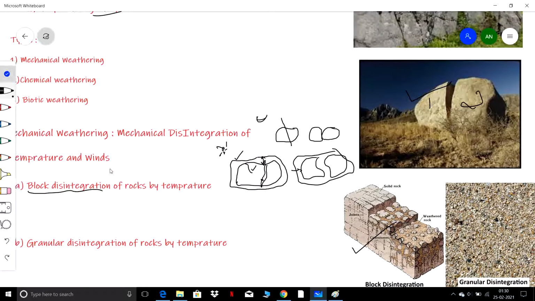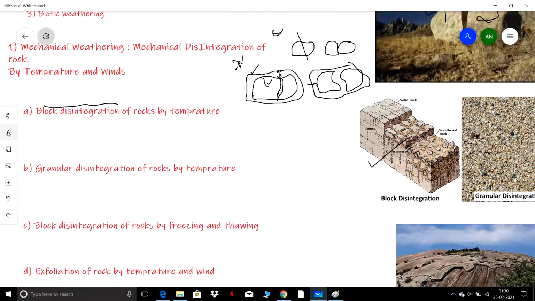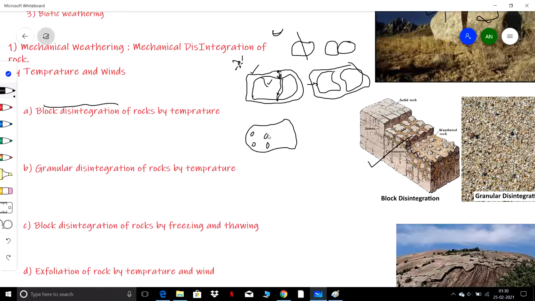Now the second type of weathering is granular disintegration of rock by temperature. What is granular disintegration? A rock has various minerals. Suppose here it is calcium carbonate, here it is feldspar, here it's quartz. During the daytime, these minerals absorb heat, and each mineral expands to a different proportion.